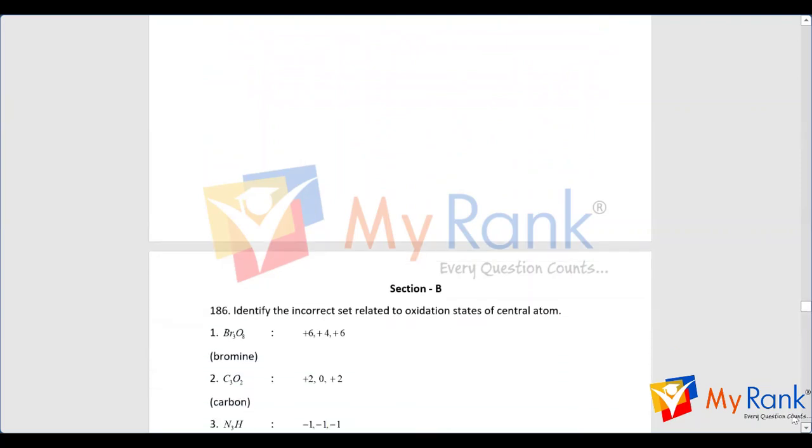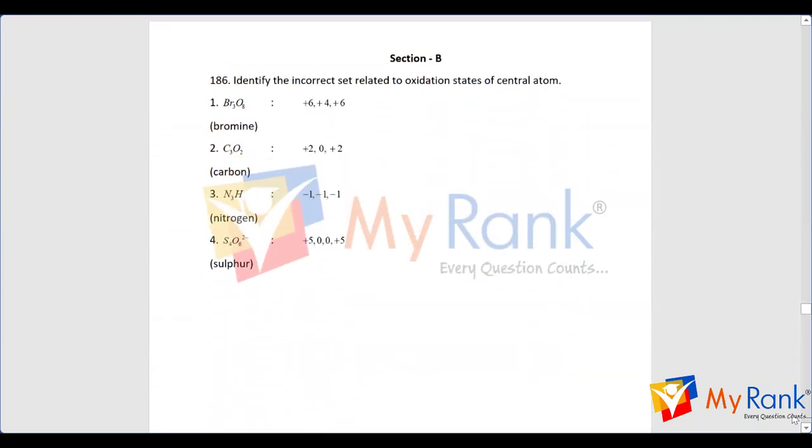Question number 186. Now, identify the incorrect set related to oxidation states of central atom. The first one, Br3O8. We should find the oxidation state of the central atom.